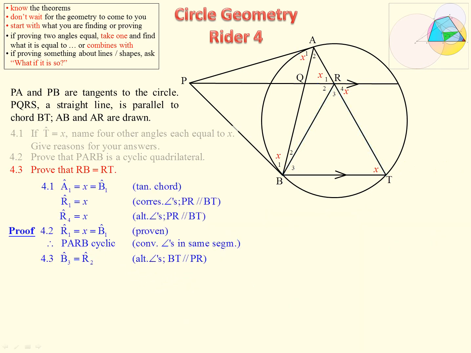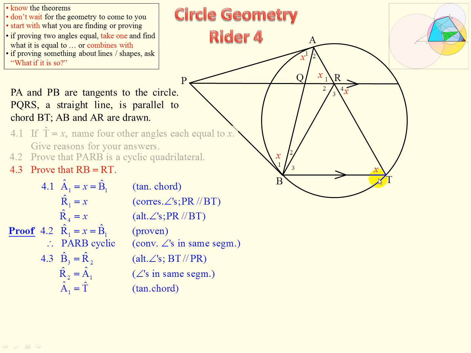So the proof, B3 equals R2. Now all we have to do is follow back in our thought process. B3 equals R2, alternate angles stating the parallel lines. R2 equals A1, angles in the same segment. Remember, we have proven that this is a cyclic quad.